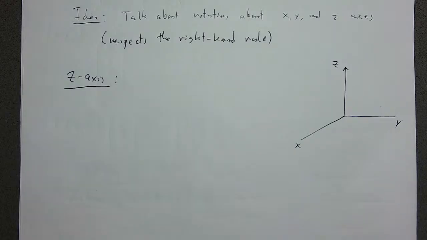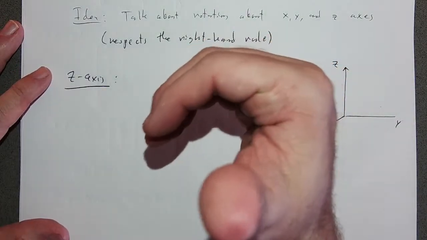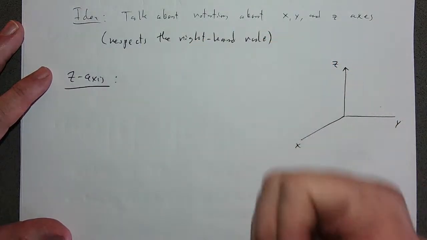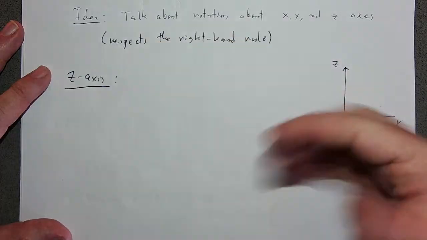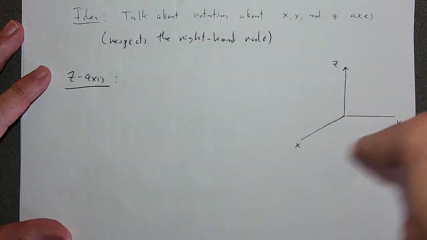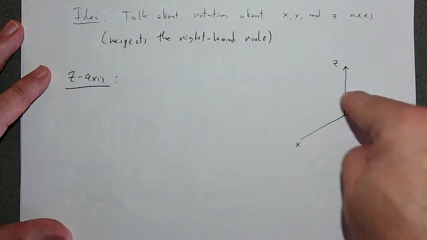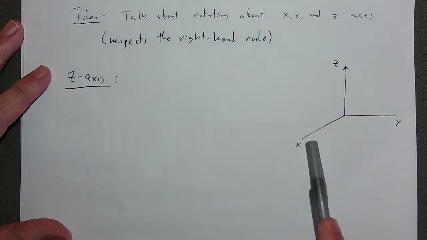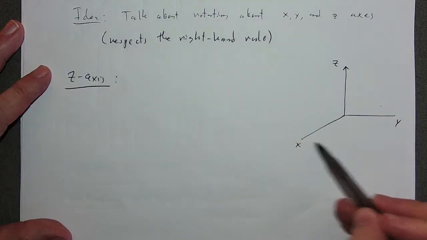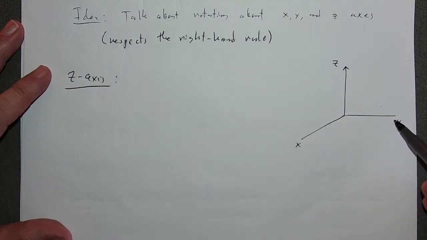So for instance, my finger's curling in this direction, thumb pointing in the direction of positive z-axis, indicates that this, if I'm looking straight down at the xy plane, is a counterclockwise motion. That is, it is rotating the positive x-axis towards the positive y-axis.